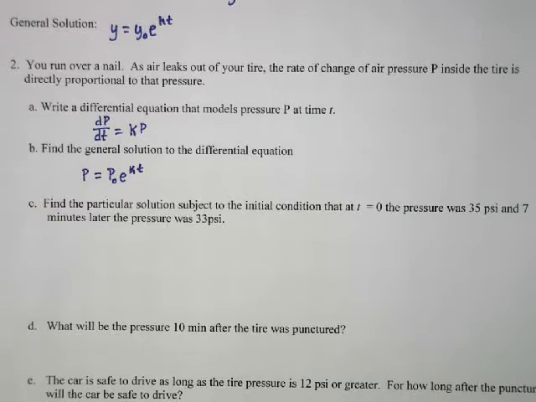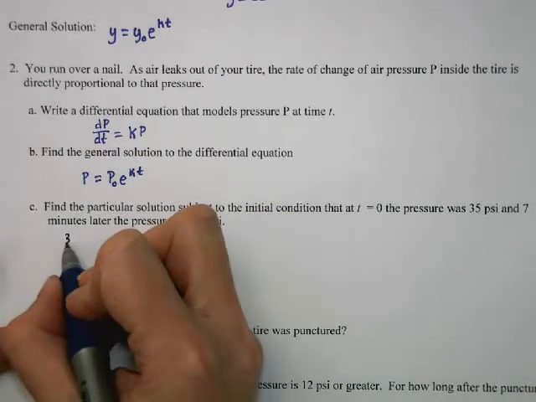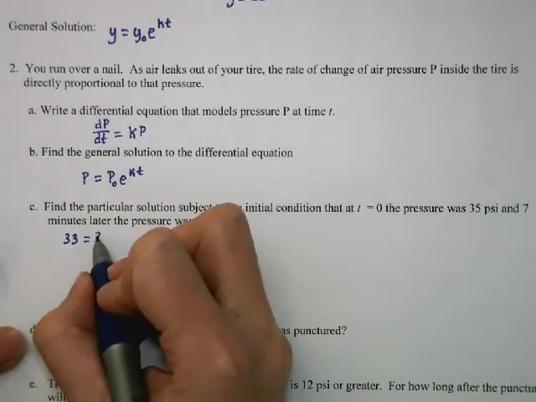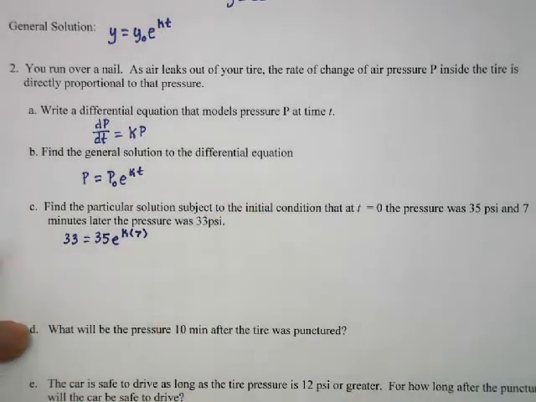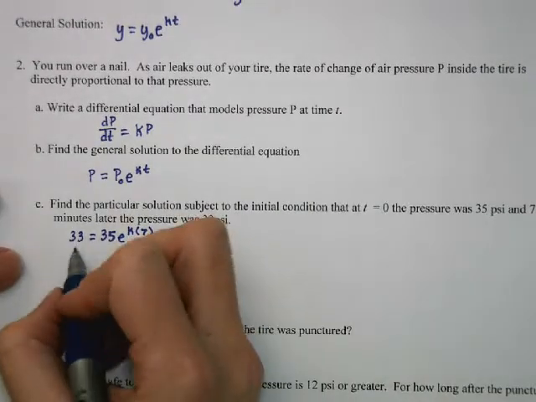Okay, so now let's get some numbers involved here. It says find the particular solution when the initial condition at t equals 0 is 35 and 7 minutes later the pressure was 33. So 33 is going to equal the initial 35 e to the k times 7. Now we're going to solve this for k.